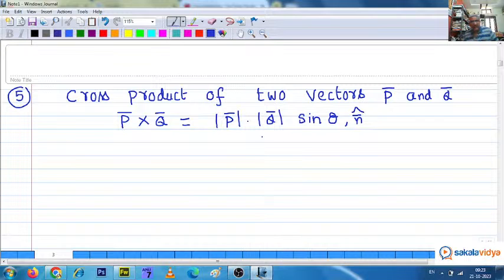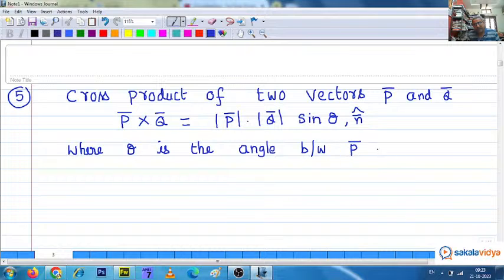So p cross q is a vector quantity, not a scalar quantity, whereas p dot q is a scalar quantity. You remember here, where theta is the angle between p bar and q bar.